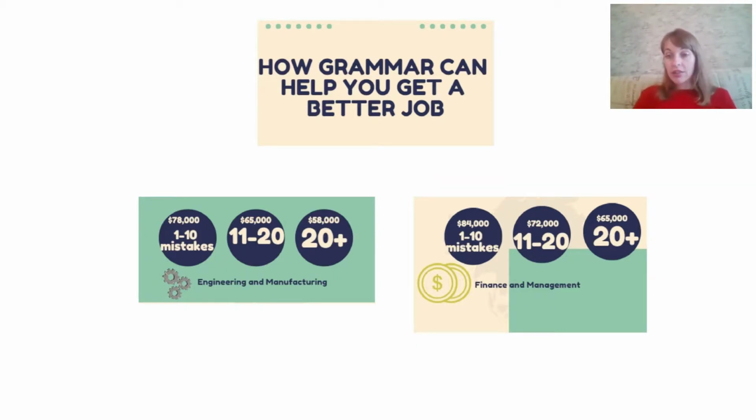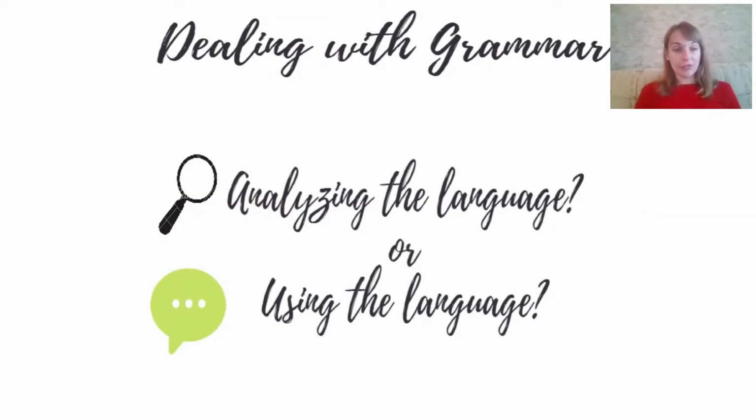Okay, so what we were talking about, now let's shift a little bit to grammar. When we are talking about dealing with grammar, we have two parallel and even contrasting extremes. Some people believe that it's a good idea to analyze the language. Like, you remember the grammar translation approach, you have rules, and then you apply them, apply them, apply them.